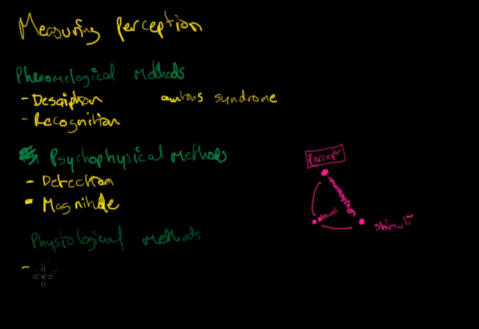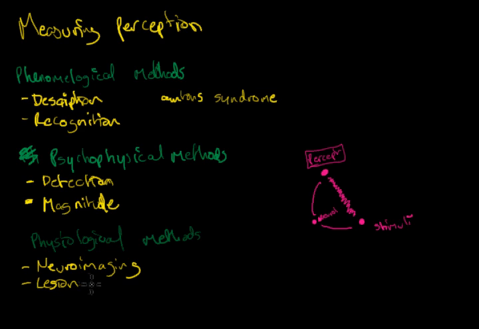So physiological methods include things like neuroimaging, such as fMRI scans or PET scans or CAT scans, or X-rays. These are methods that we can use to create some image of what's going on in the brain, perhaps even electroencephalograms. Also, we could include lesion studies, which have been carried out for a couple of hundred years now.